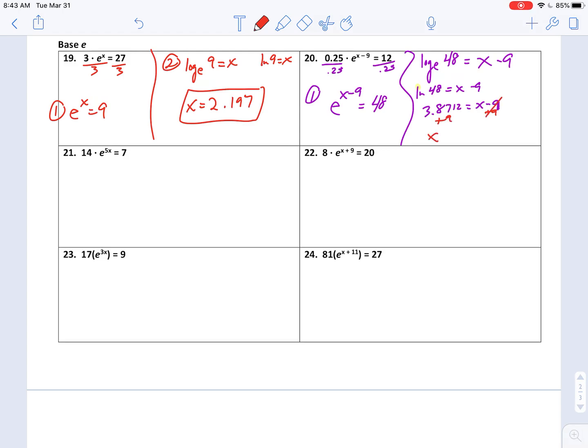And to get x by itself, I can add 9. So x would be 12.87. I'm just going to leave it as 12.87.